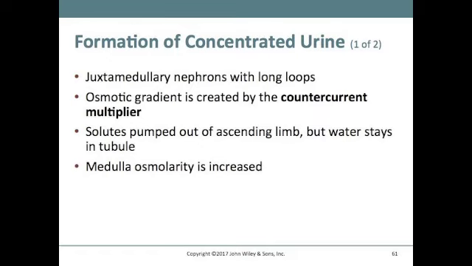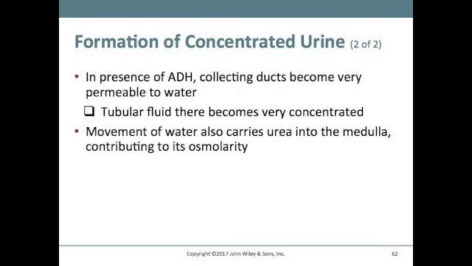In this case, solutes are pumped out of the ascending limb, but water stays in the tubule, and therefore the medulla osmolarity is increased. Moving on, in the presence of antidiuretic hormone, the collecting ducts become very permeable to water. The tubular fluid there becomes very concentrated, and then the movement of water also carries urea into the medulla, contributing to its osmolarity.